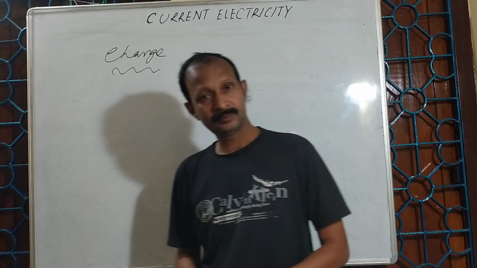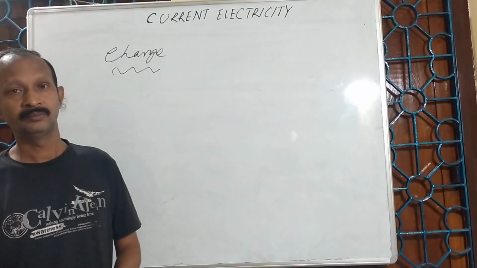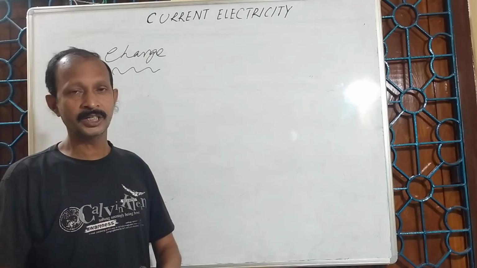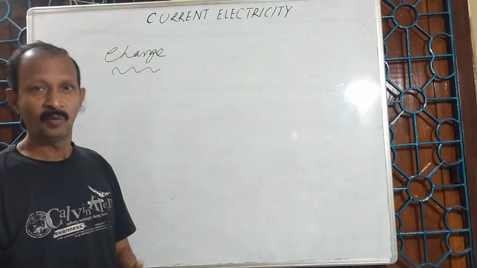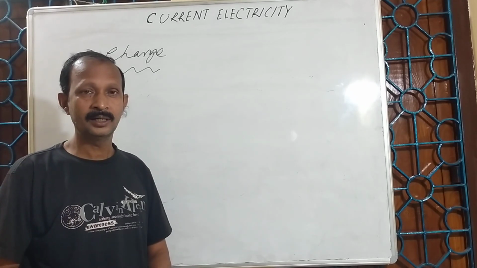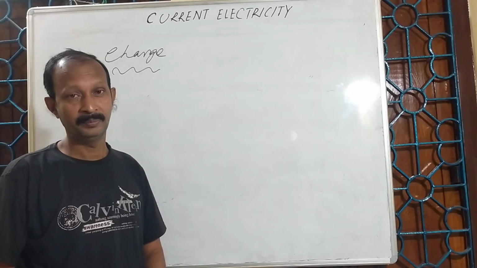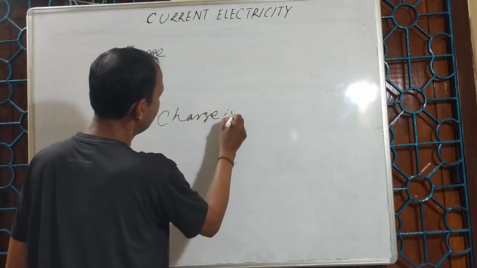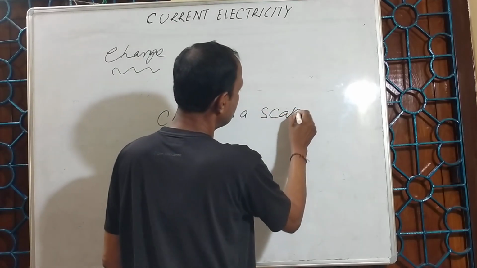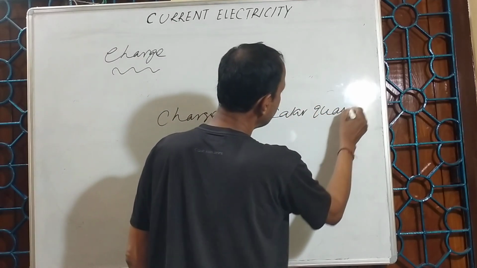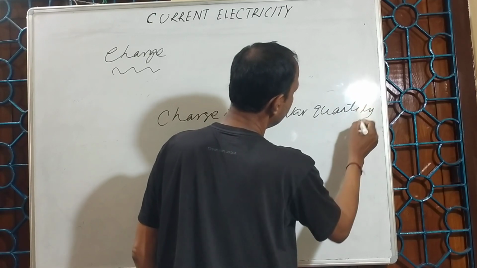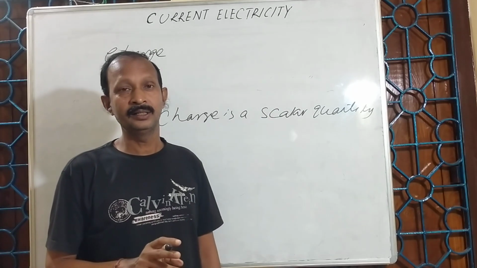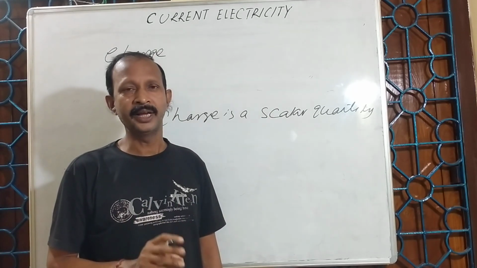If you are thinking that charge is a vector quantity because it flows from one body to another body, definitely you are wrong, because charge is a scalar quantity. Why is it a scalar quantity? Definitely I shall explain in the next class.